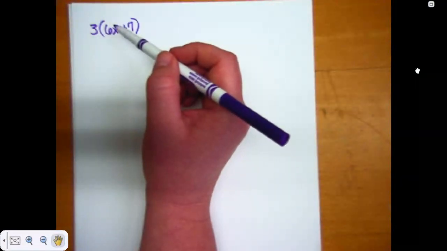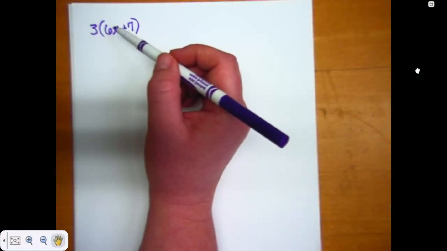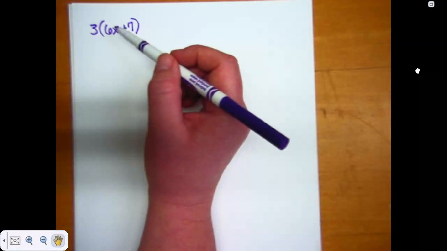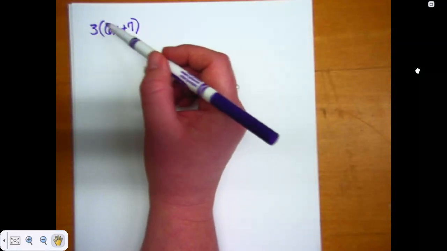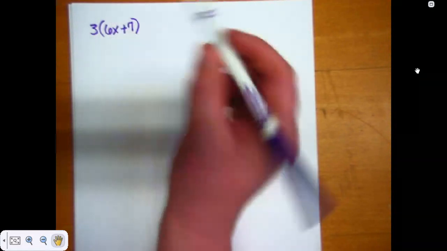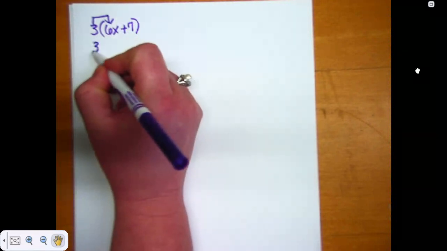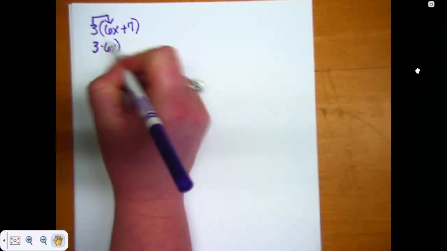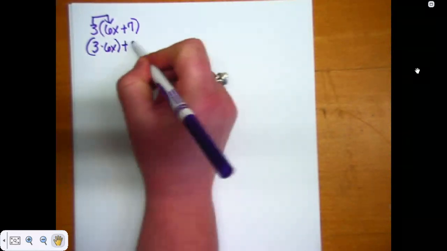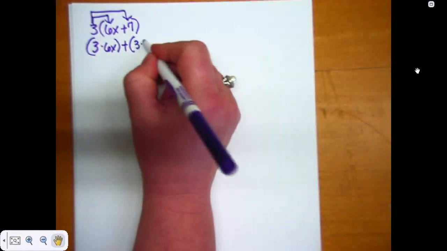And we talked about when you order something, you get an email that says, hey, we distributed this product to your house. So it's going to each house. We're going to distribute the 3 to each house or each term. So this would be 3 times 6x, I would bring down my plus sign, and 3 times 7.